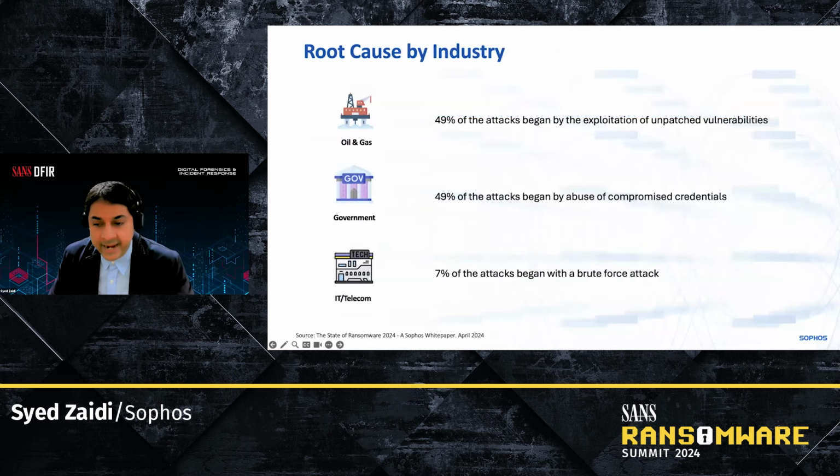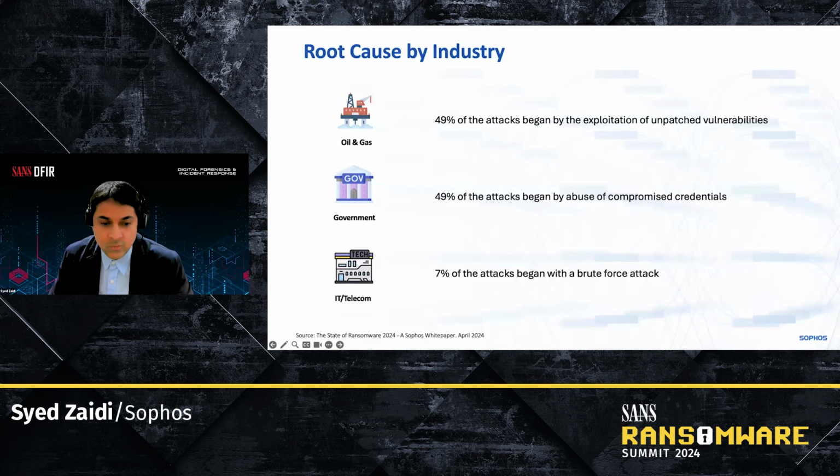Root cause by industry. This is pretty important and interesting. Oil and gas have devices like IoT, which are very hard to patch, and that's why threat actors love to exploit them.